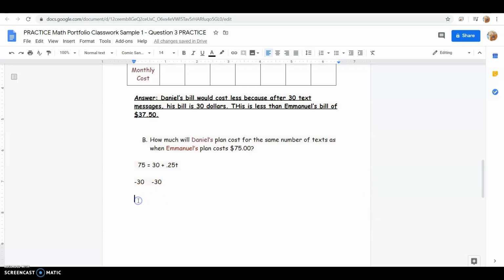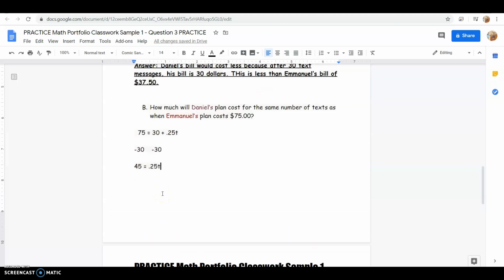So we're going to get 45 here. My equal sign drops down. 30 minus 30 is 0, so I don't need to put anything here. And then my 0.25t is going to drop down. So we have 45 equals 0.25 times the number of text messages sent.